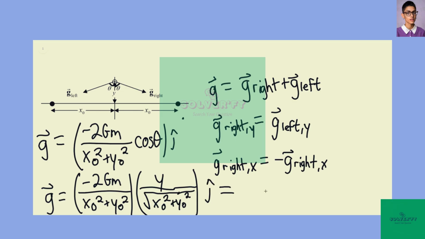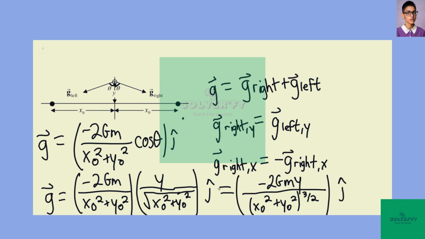And so this will equal negative 2GMy divided by x naught squared plus y naught squared to the 3/2 power, times j hat. So this would be our final answer.